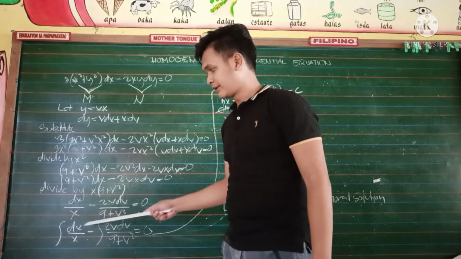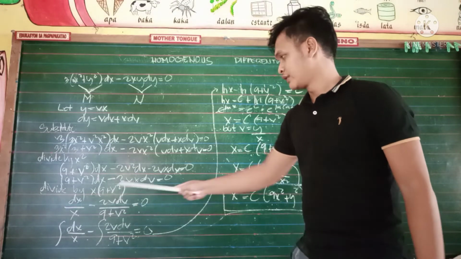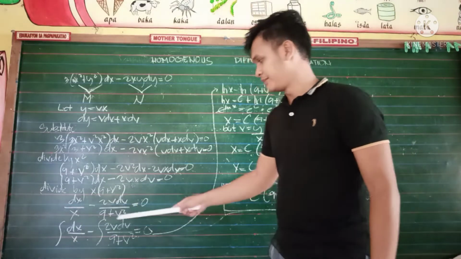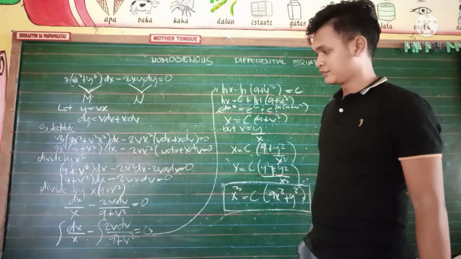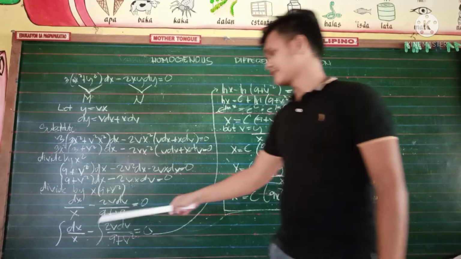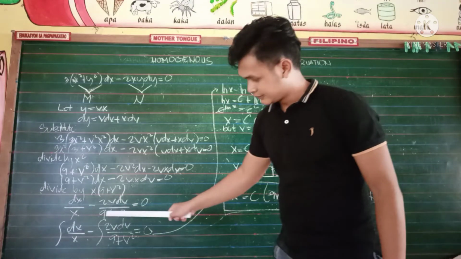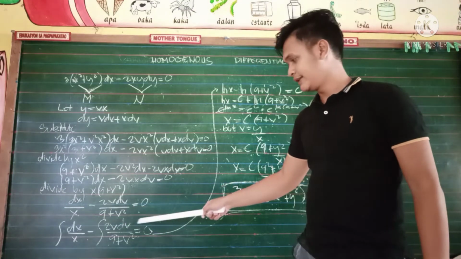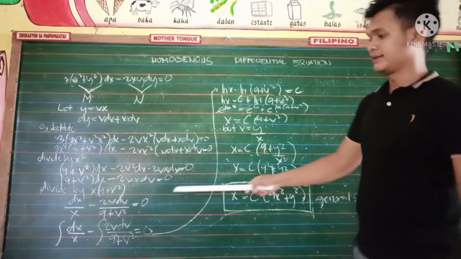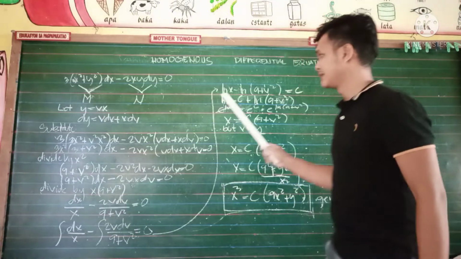So dx over x minus, cancel the x, 2v dv over (3 plus v squared) equals 0. Then we integrate the dx over x and the integration of 2v dv over (3 plus v squared) equals 0. The integration of dx over x is ln of x.